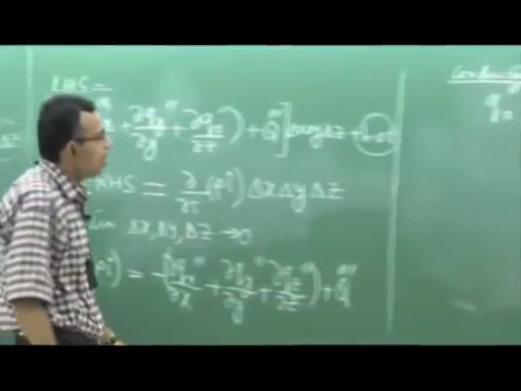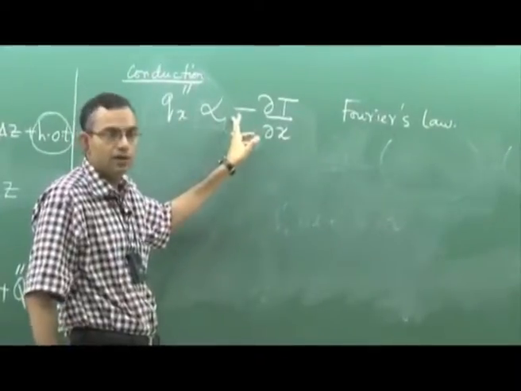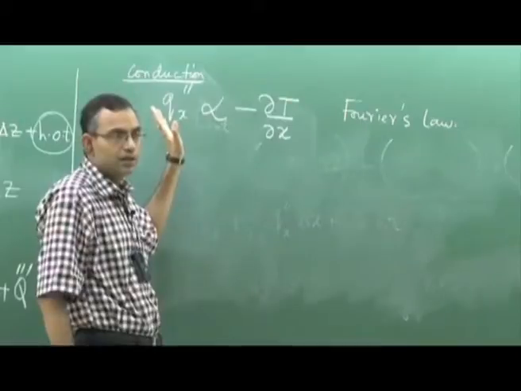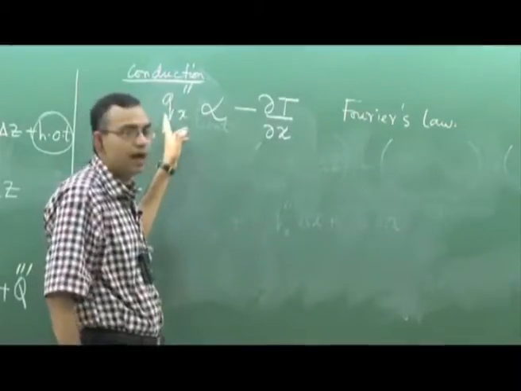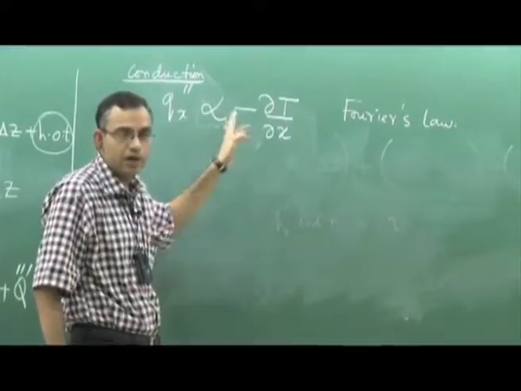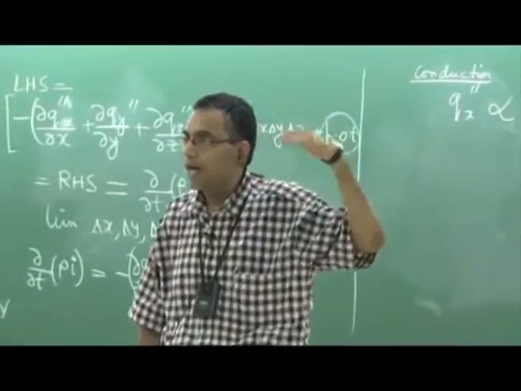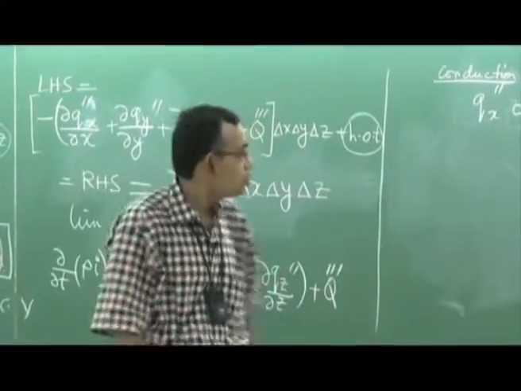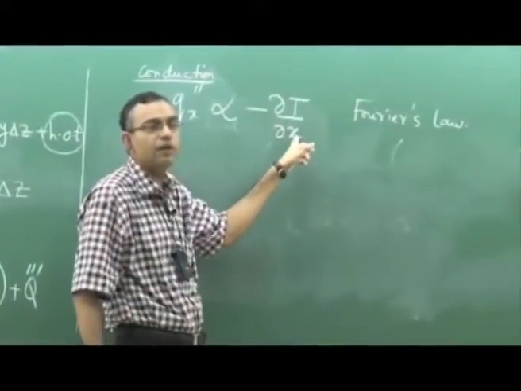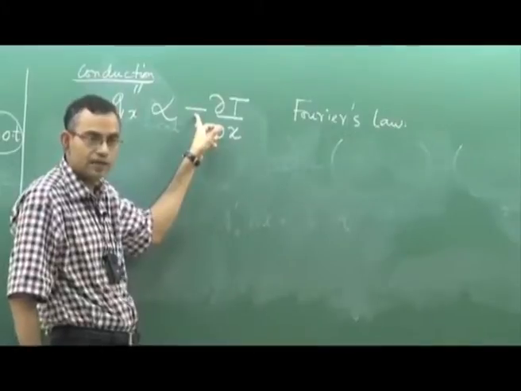This is called a constitutive law. It somehow relates a cause with an effect. So the effect is a heat flux, and what is the cause? Cause is the temperature gradient, because heat always gets transported from higher temperature to lower temperature. So the positive heat flux will be along the direction of negative temperature gradient, and to make an adjustment for that you have a negative sign here.